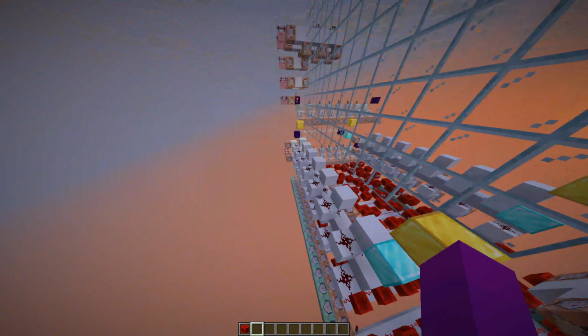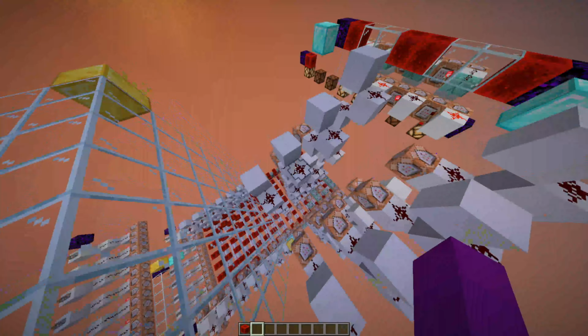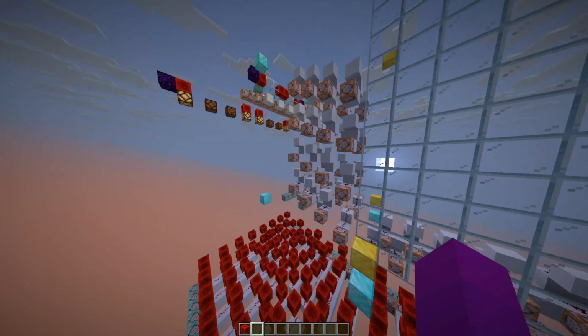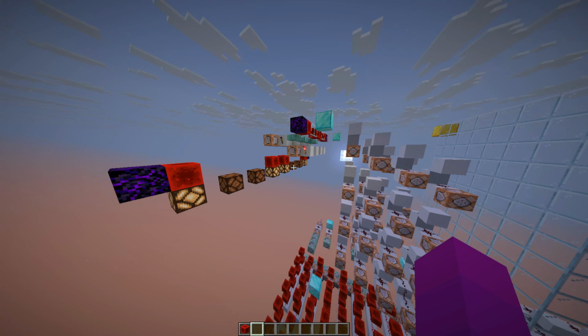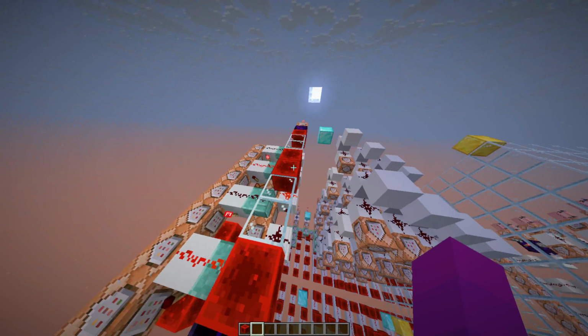This row here and this bit here does the writing, and this bit here and this little bit here does the reading, and then the output is back here. So that's where the read goes right there.